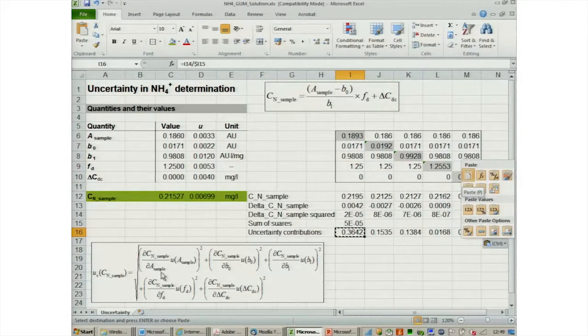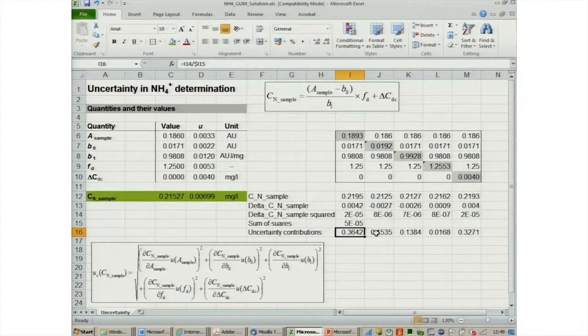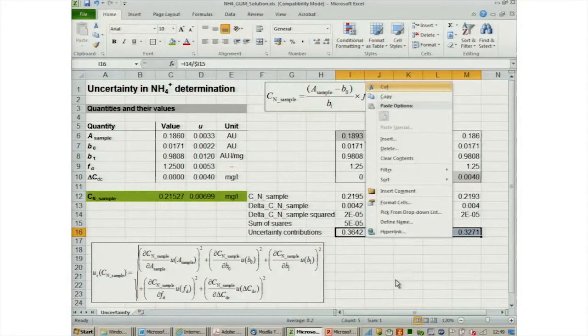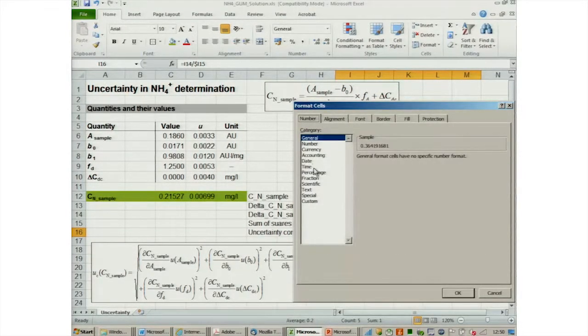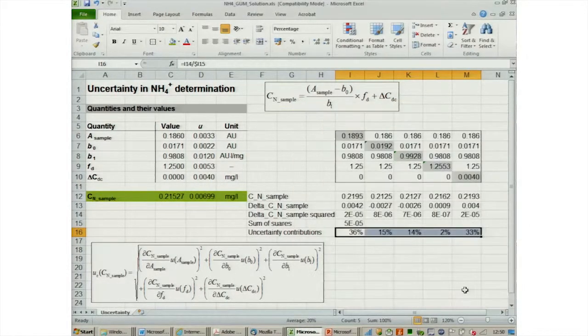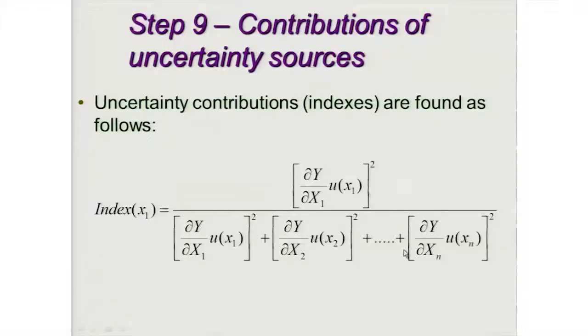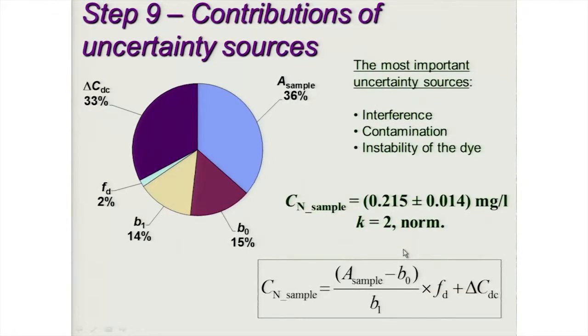These uncertainty components now have been expressed as simple ratios, but we can also express them as percentages. And we don't need so many decimals here. And it's in fact from this kind of calculation that these data that you can see here originate.